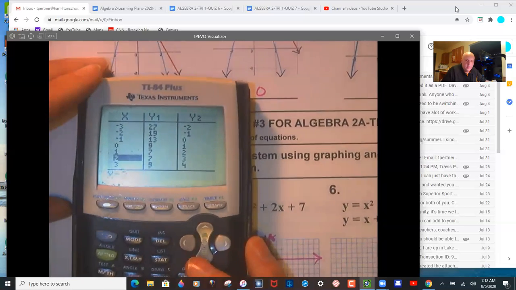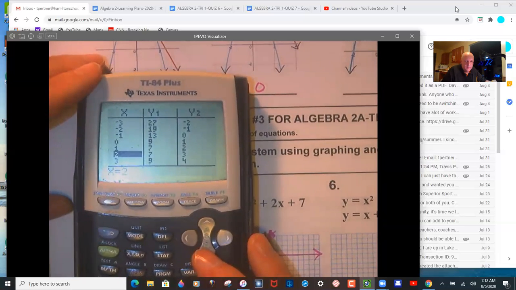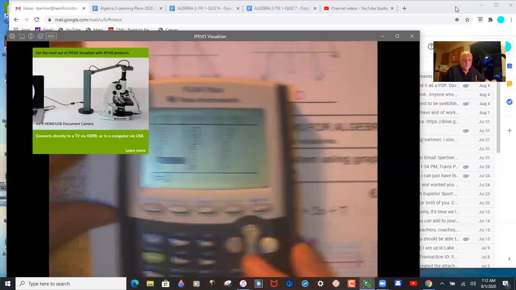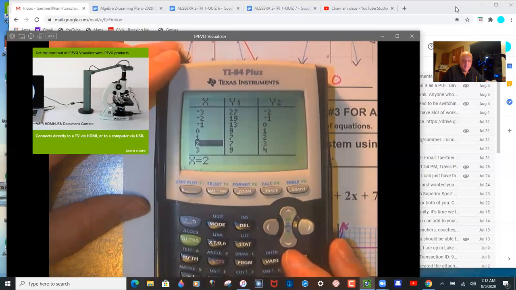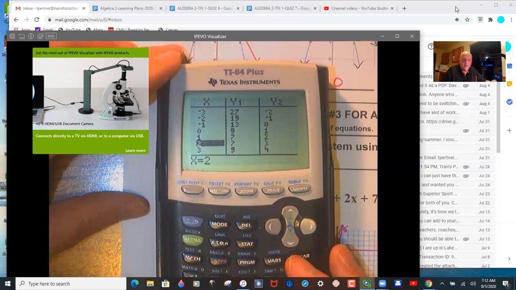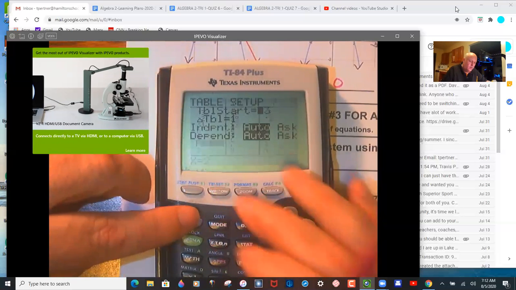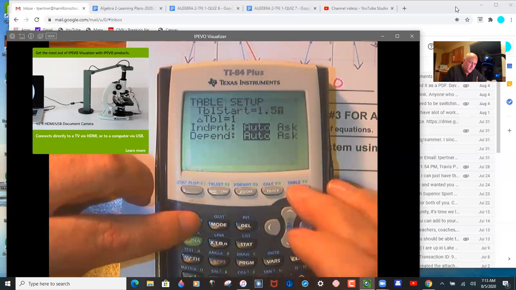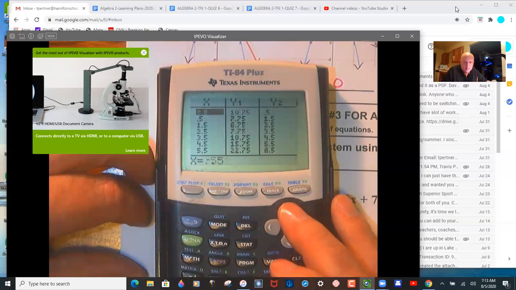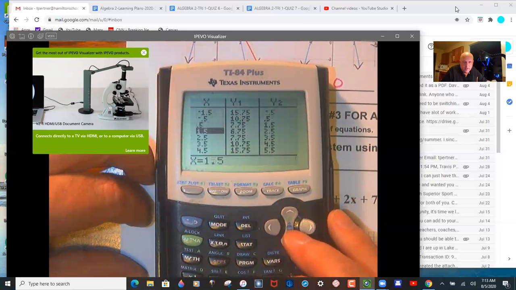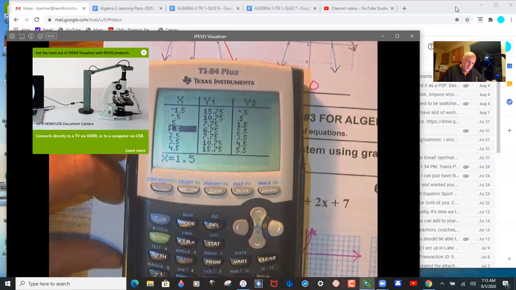Oh, we missed the vertex. It's 1.5. So if we start at 1.5, you can see it. You could calculate it too, but I figured it out from the graph, so (1.5, 6.75).